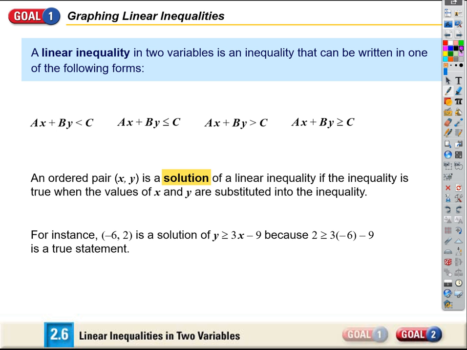If I simplify the right side, what do I get? 3 times negative 6 is negative 18 minus 9. Negative 27. Is that a true statement? Okay, so that is one of the infinite examples of a point that satisfies the original inequality, and so it's a solution, right?